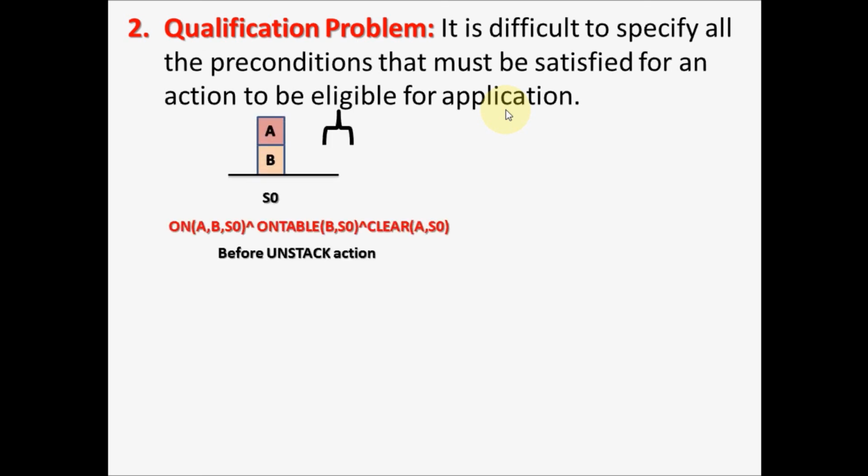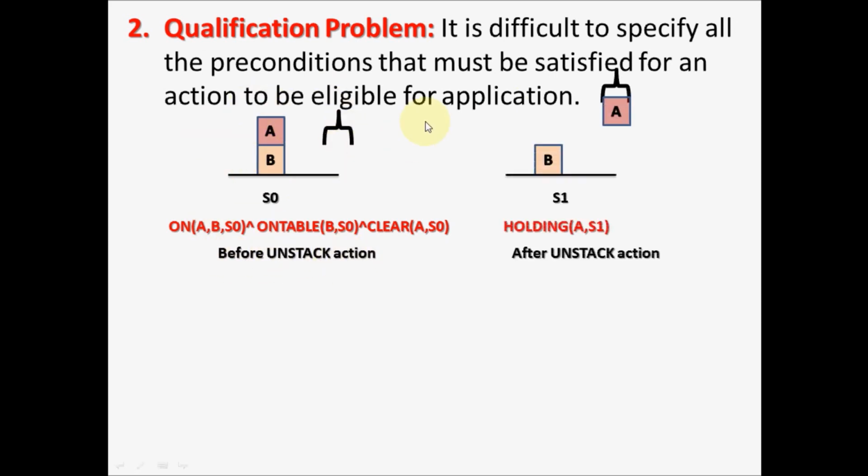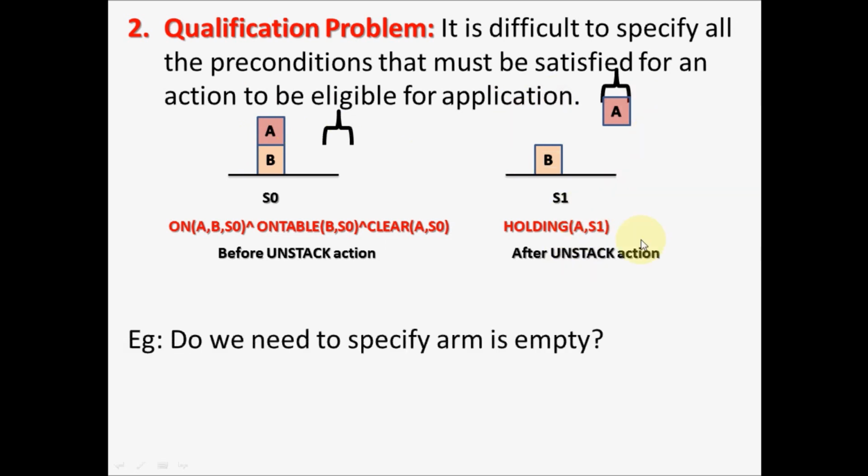So coming back to this Green's approach example, before the unstack action, this was the thing, and this is what we saw after the unstack action. So here qualification refers to: do we need to specify that the arm is empty? See here, these were the preconditions for the unstack action to take place, but we only specified here that A is on top of B, and then we also specified that B is on table.